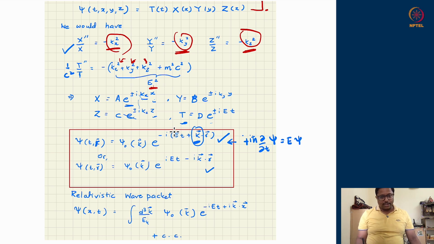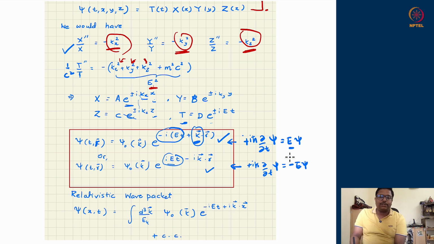So if I have a minus iota Et in the exponential, then it is a positive energy eigenfunction. However, when I apply it to the second one, with a positive argument in the exponential, the Hamiltonian operation iota h bar del del t upon psi for a stationary solution gives me a minus E psi.